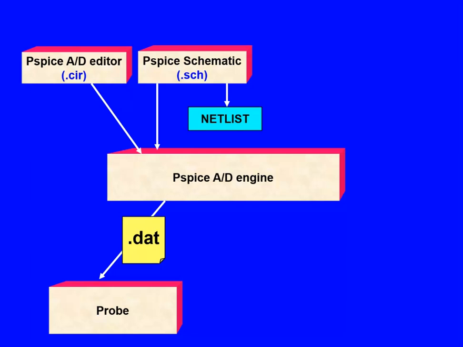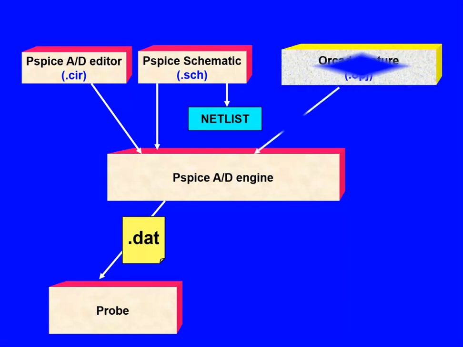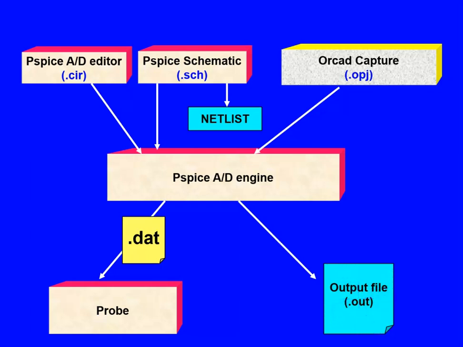Then the SPICE engine will produce the data file, which is given to the probe file, which is the output file. Another version of PSpice is OrCAD Capture. The file extension is .opj. It is directly given to the PSpice engine. Then it will be saved in an output file with the extension .out.